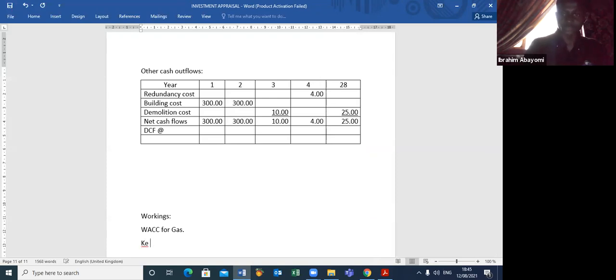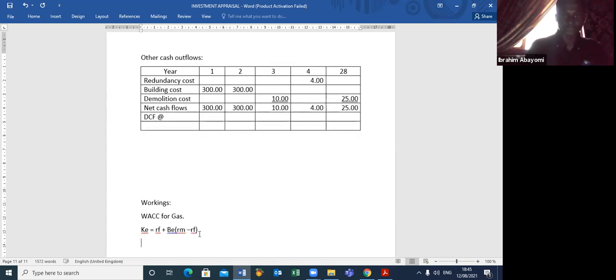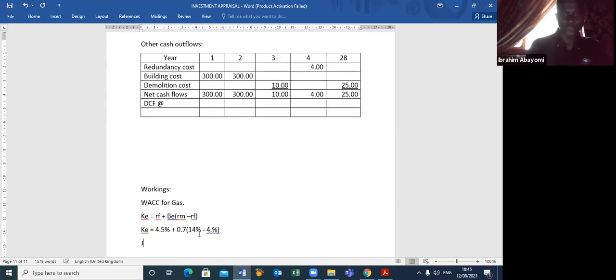KE is equal to risk-free plus beta times the market return minus risk-free. So cost of equity is equal to 4.5% plus 0.7 into bracket 14% minus 4.5%.